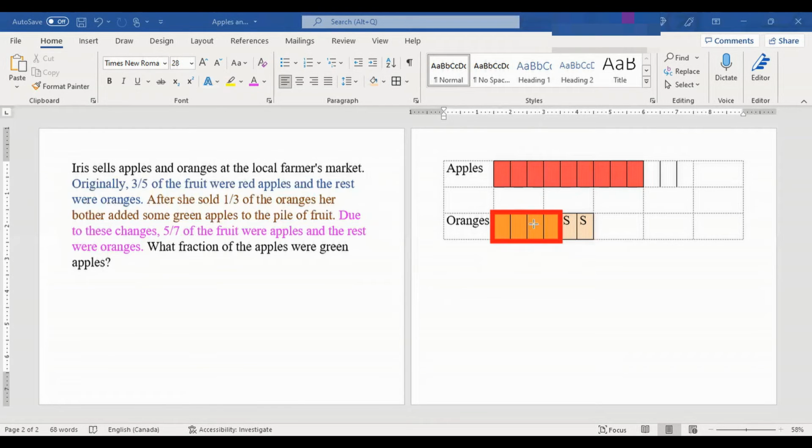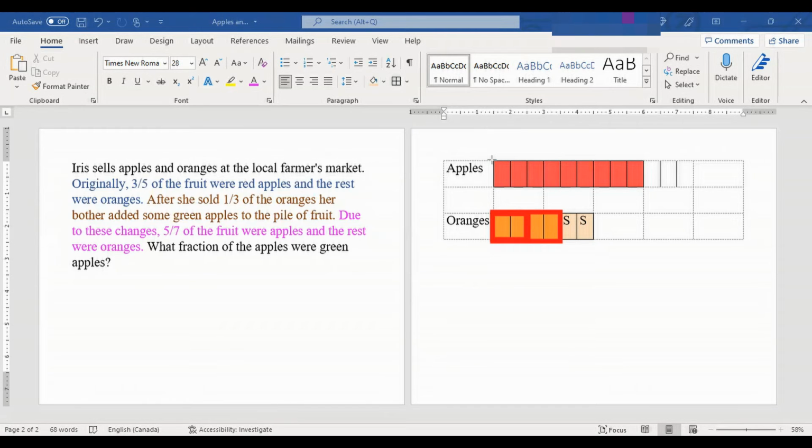So right here, we can see the number of oranges left are represented by 4 slivers in cell. And these are 2/7 of the total number of fruits. So 1/7 of the total number of fruits has to be 2 slivers, or 2/3 of a cell. Right, so we have something very important. 1/7 is 2 slivers.